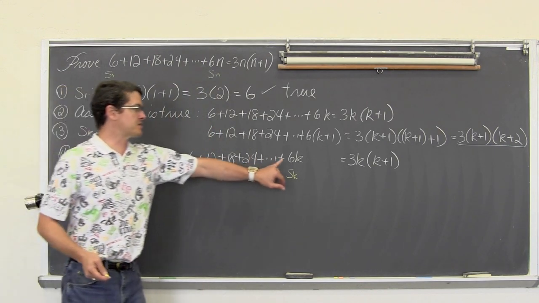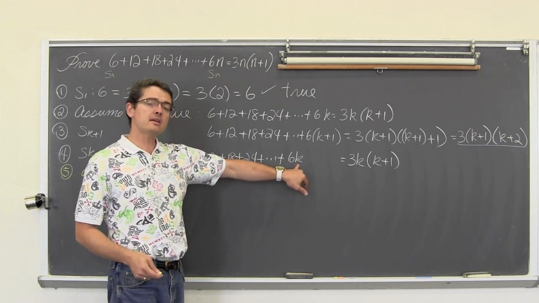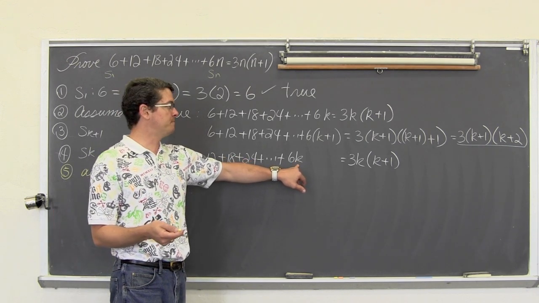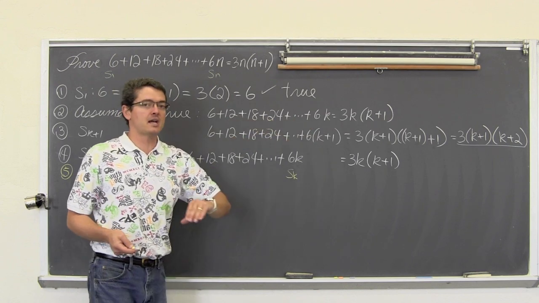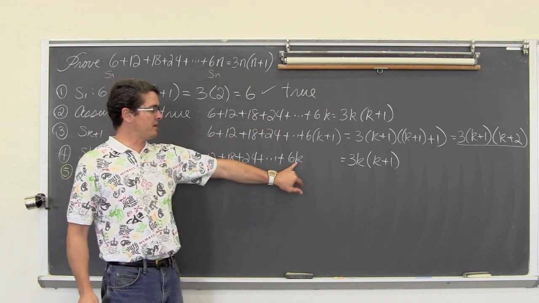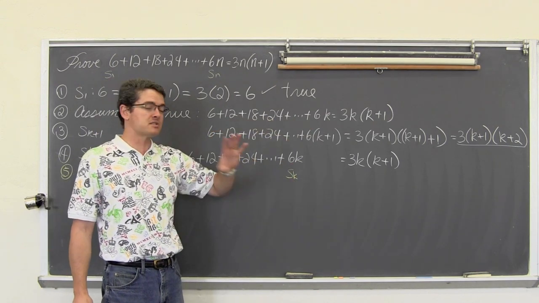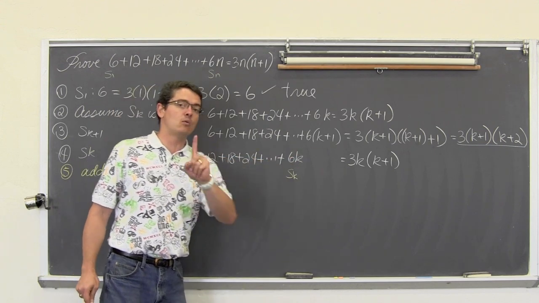I want to extend that sequence by one more term. So I'm going to go to my last term, which is 6k. I'm going to take the k out and substitute in k plus 1, like I did up here in the previous step, but it's going to be different because I'm only going to substitute into my left-hand k, because I just want to take the sequence and extend it by one more term.